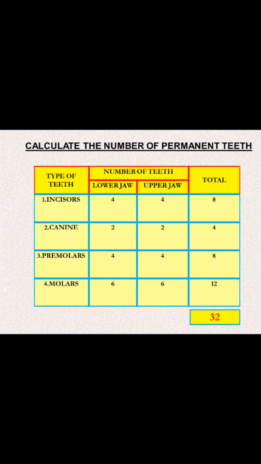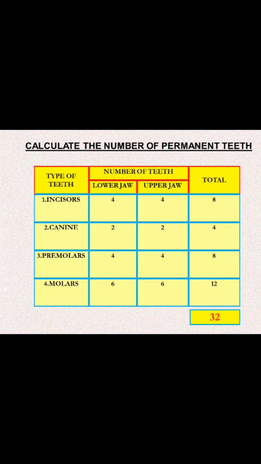When we talk about canines, we have 2 canines in both upper jaw and lower jaw, so in total we have 4 canines. In case of premolars, we have 4 premolars in the lower jaw and 4 premolars in the upper jaw. So in total we have 8 premolars.